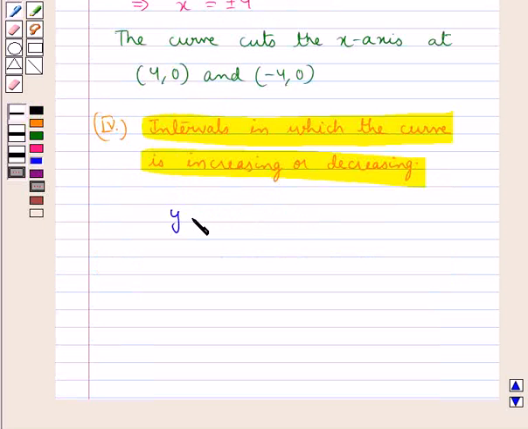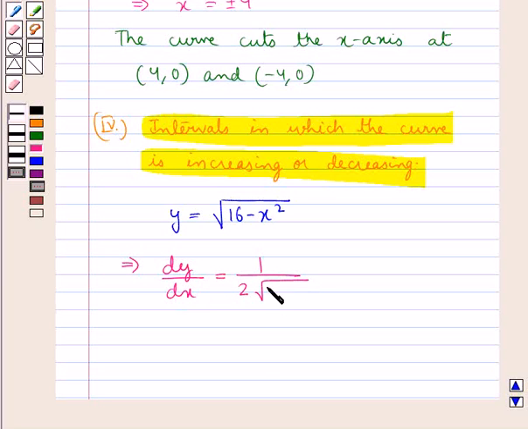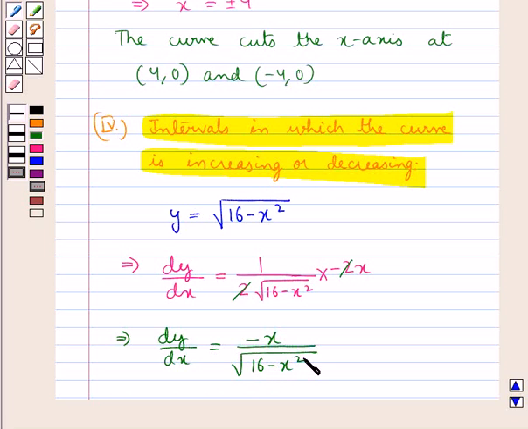Now, as we had y equal to square root of 16 minus x square, from here we have dy by dx is equal to 1 upon 2 into square root of 16 minus x square into minus 2x. This 2 and 2 cancel, so we have dy by dx is equal to minus x upon square root of 16 minus x square.